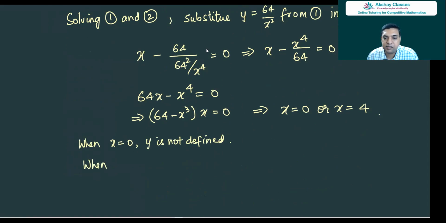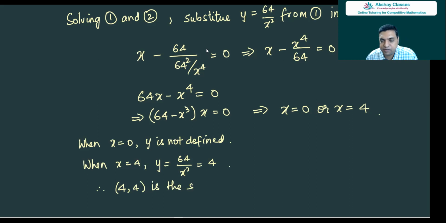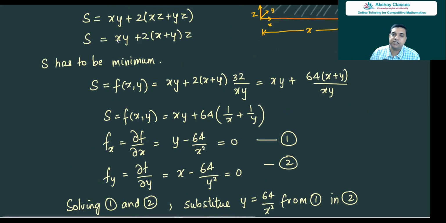When x equal to 4, y is equal to 64 by x square, which is equal to 4. Therefore, 4 comma 4 is the stationary point.